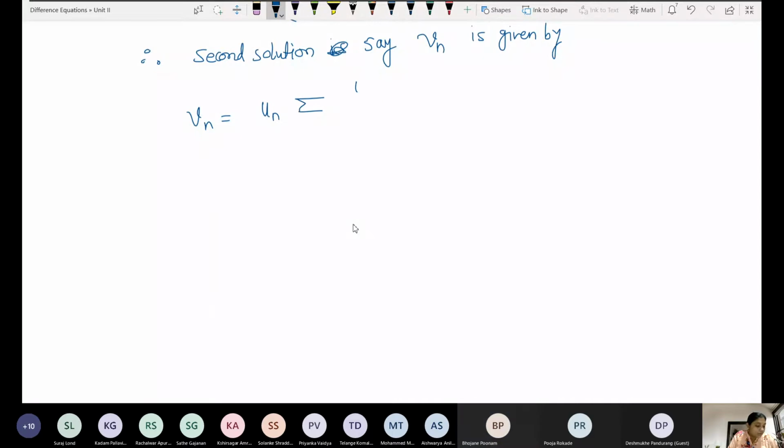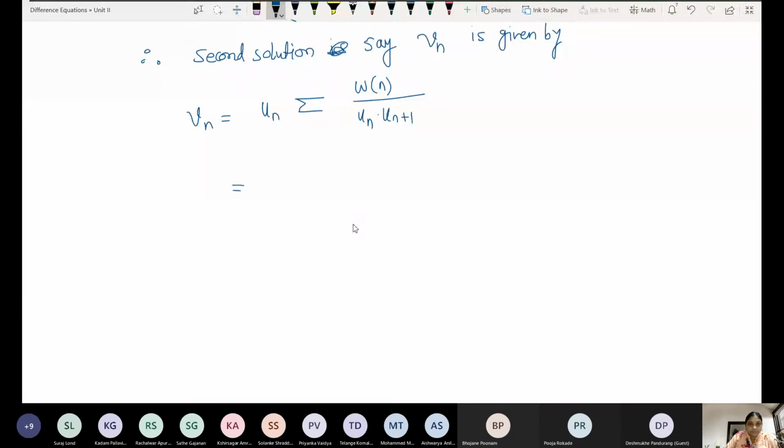That is my solution, right? Yes, ma'am. Second solution. And un is 2 raised to n upon n factorial, summation. What will be this?